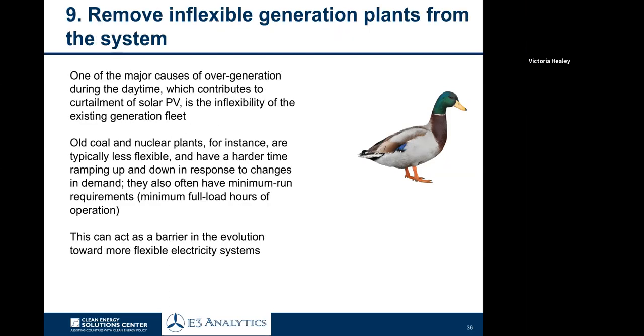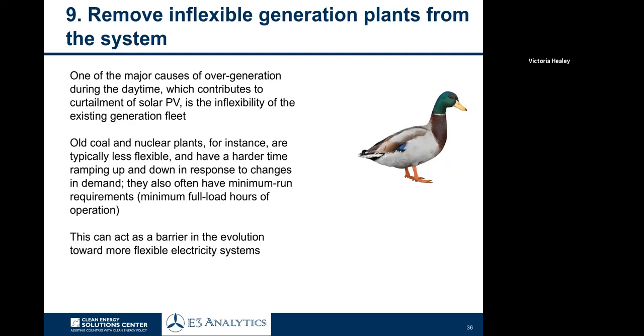Another one is to remove inflexible power plants from the system. As we saw earlier, this is similar to fattening the duck in the original characterization. The inflexibility of existing generators on the network is a major part of this challenge, because that produces essentially a bottom on the minimum load at which the electricity system is comfortable operating at.